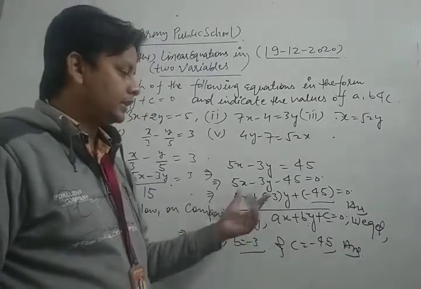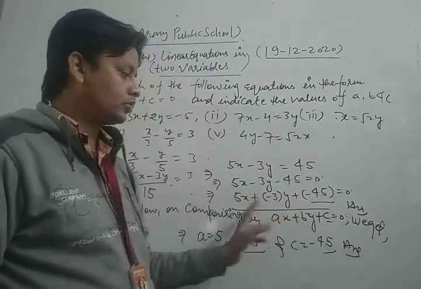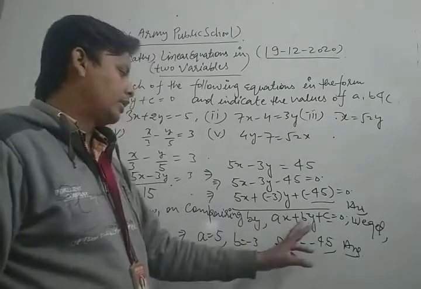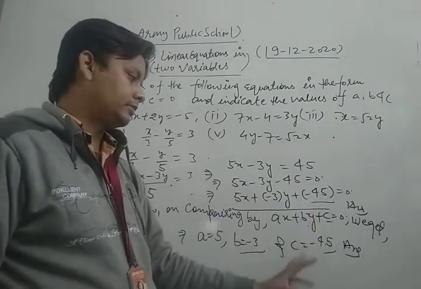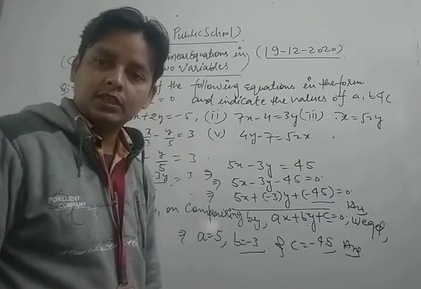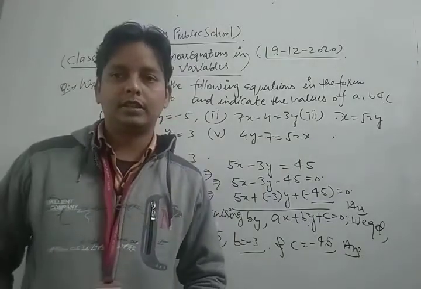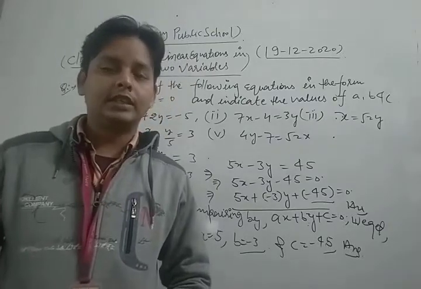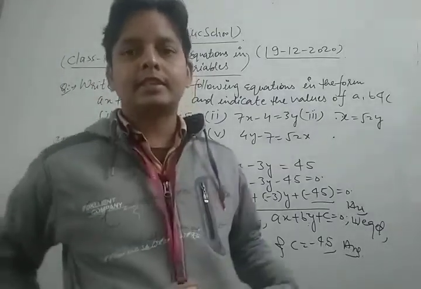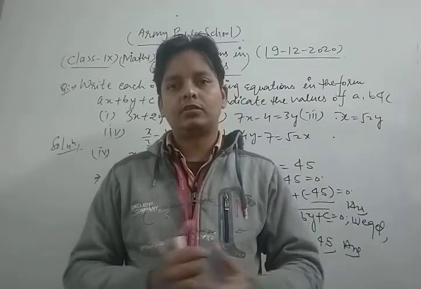Now on comparing with the equation ax plus by plus c is equal to 0, we get the value of a as 5, b as minus 3 and c as minus 45. So these are the required solution of the given question. Thus, dear students, in this way you can solve each and every question of your NCERT exercise based on the topic linear equation in two variables.